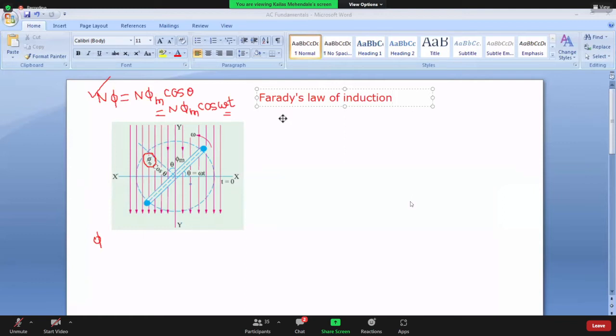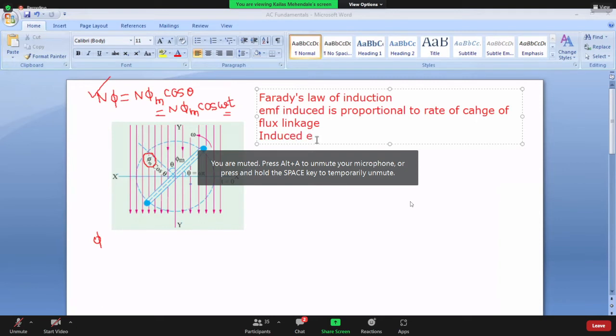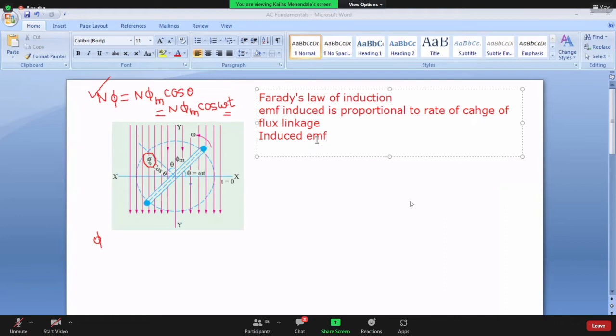So the induced EMF, that is electromotive force, is given by E is equal to minus d by dt of N phi.